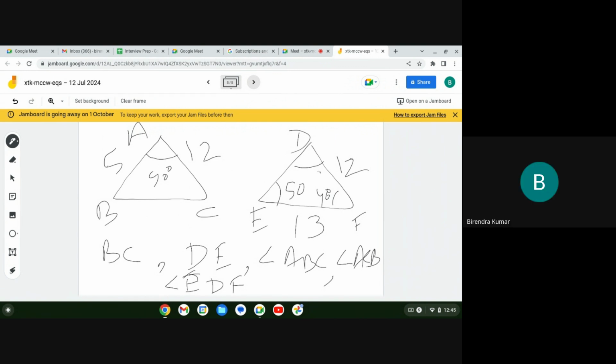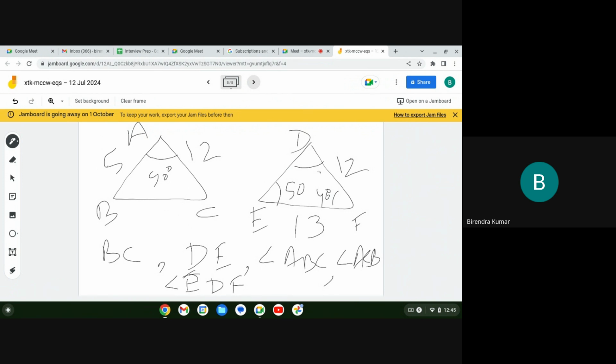DE should be 5. ABC will be 50 degrees. ACB is 40 degrees and EDF is 90 degrees. Wonderful.